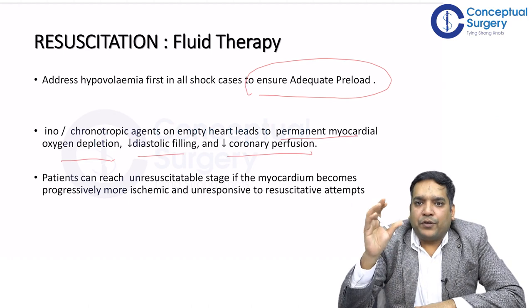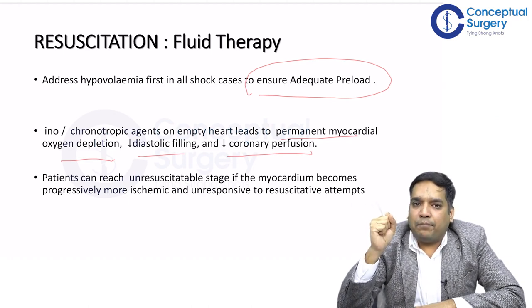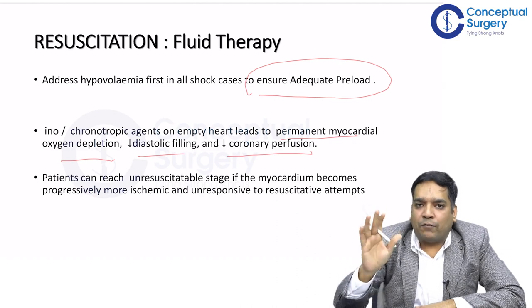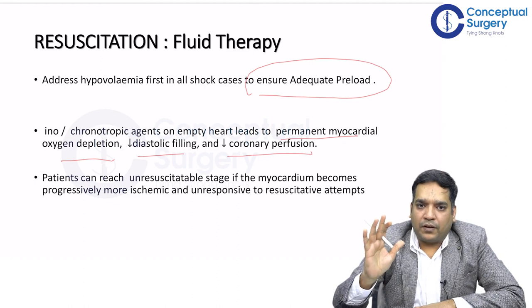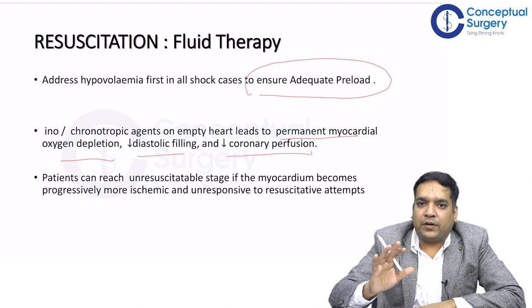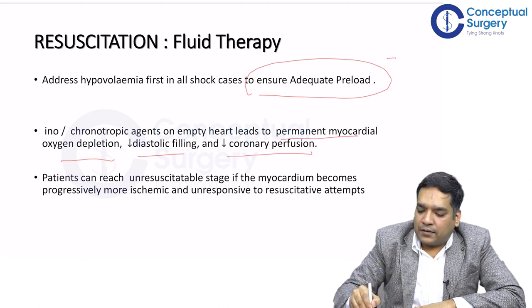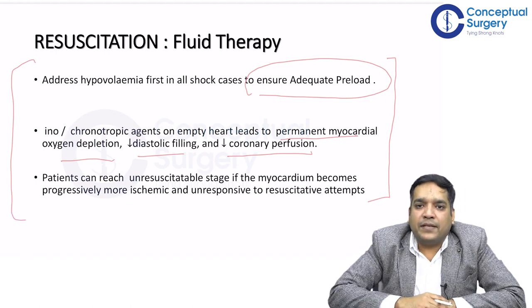That is why you need to pump a filled heart. If we are going to pump the empty heart, it will lead to all kinds of complications. That is why we need to address hypovolemia first, right? Patient can reach unresuscitable stage if the myocardium becomes progressively more ischemic and unresponsive to resuscitative attempts, right? So this is a very important slide, and we need to keep this in mind while managing the shock patient.